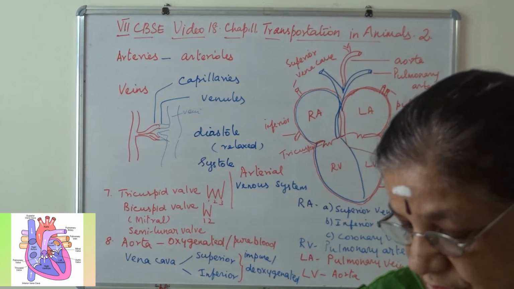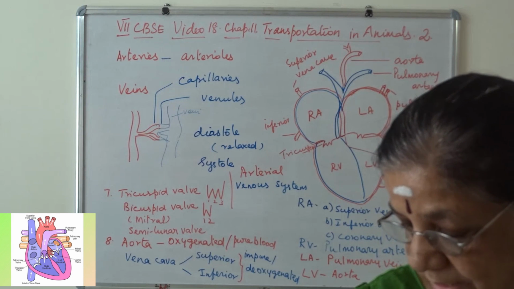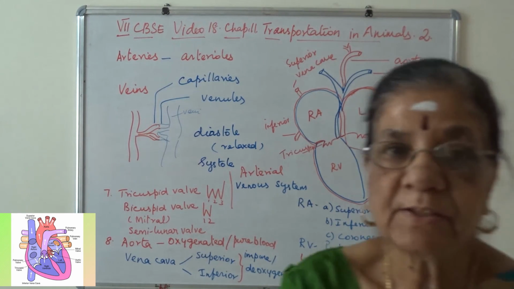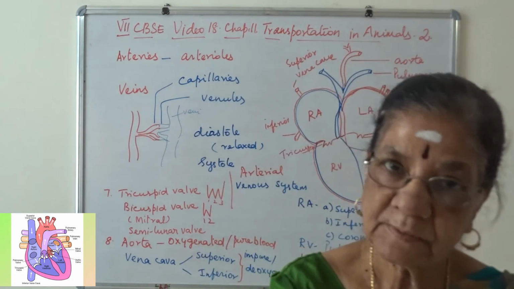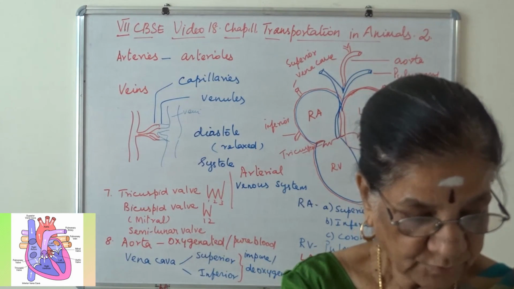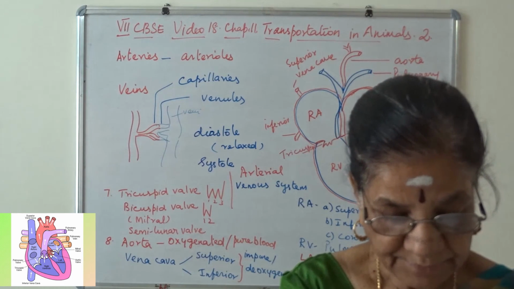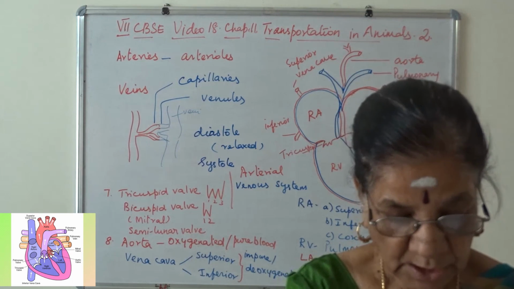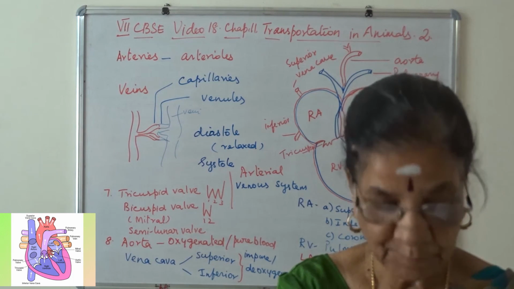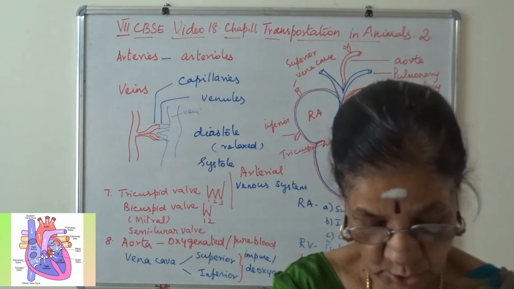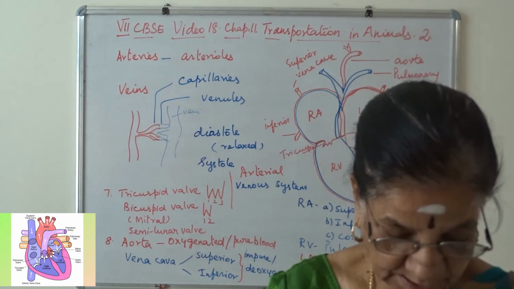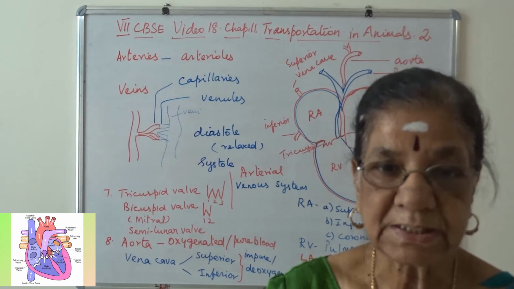Right? Then exchange of gases takes place in the lungs and oxygen-rich blood is sent back to the left side of the heart. This happens for impure blood. Okay? So when the ventricle contracts, the left atrium relaxes to receive oxygenated blood from the pulmonary vein, which brings blood from the lungs, and then the left atrium contracts and pours oxygenated blood into the left ventricle, which relaxes to receive it.